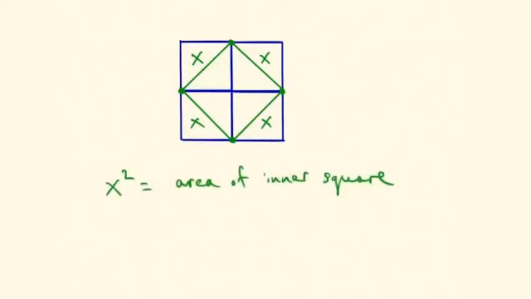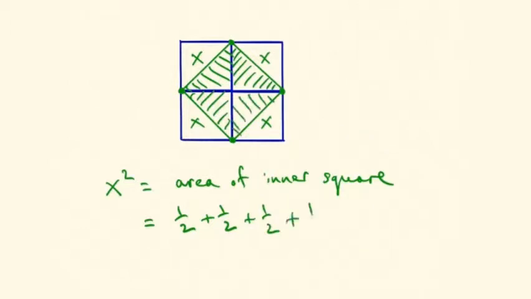Now I can count the area by adding up the areas of certain triangles in this diagram. If I shade that triangle, then that has area which is a half of a unit square. Then I add the area of this triangle, another half, the area of this triangle, and the area of this triangle.